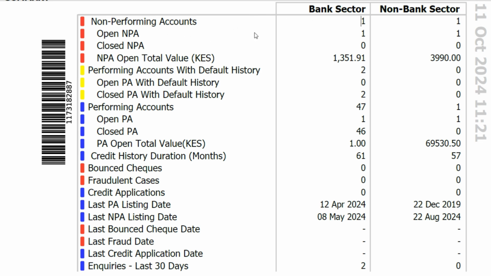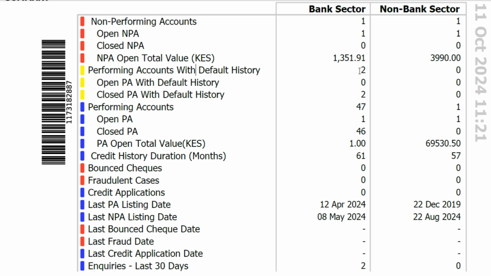So this person has two non-performing accounts, which means they have been listed by two institutions. One is bank sector and the other one is non-bank sector. Now, the next thing I want us to look at is performing account with default history. When you talk of performing account with default history, we are simply talking of accounts that were previously listed, but the owner settled the amount.